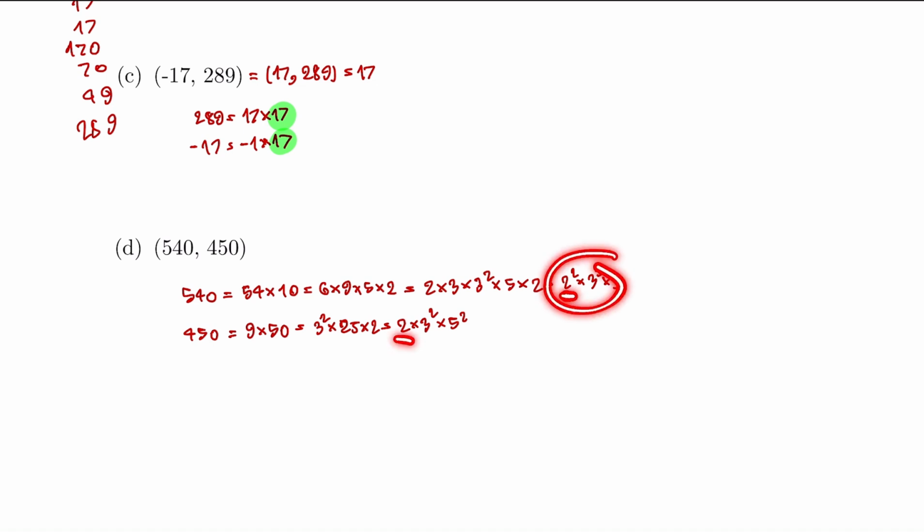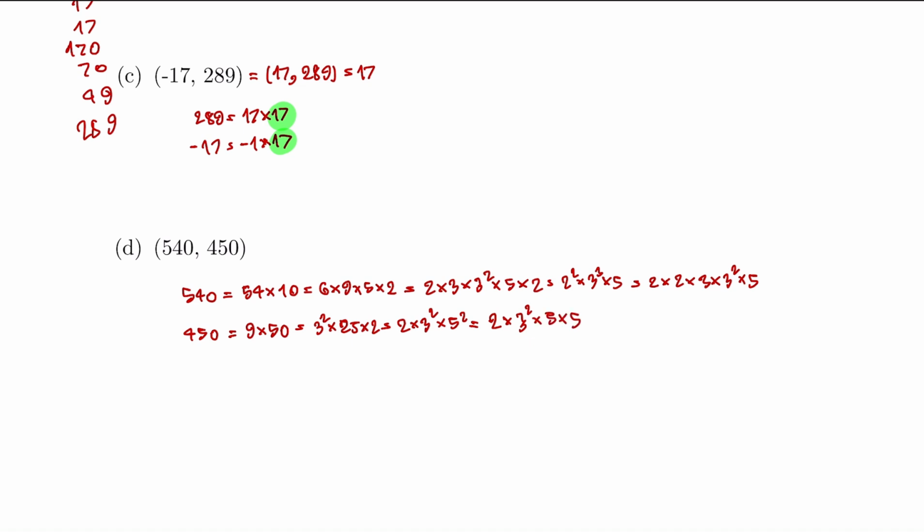So this one I may have to write 2 times 2 times 3. For 3 cubed, I will write 3 times 3 squared times 5. And this number right here, I'm going to write 2 times 3 squared times 5 times 5.